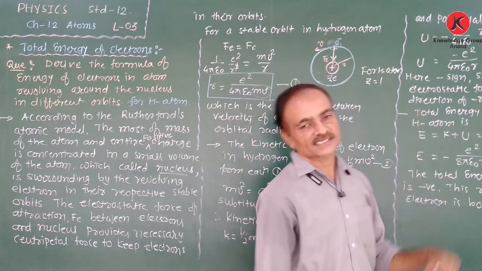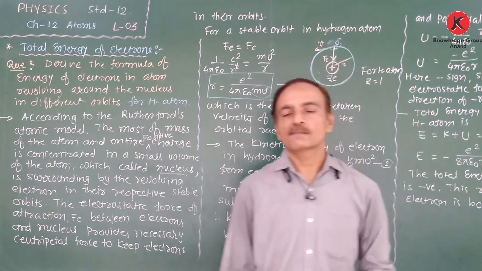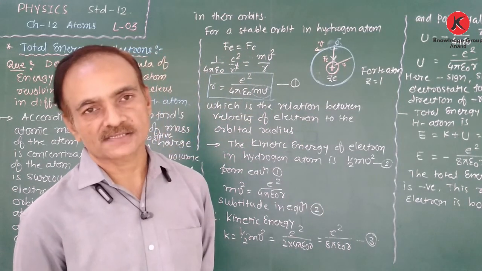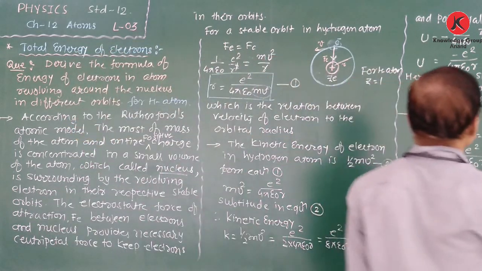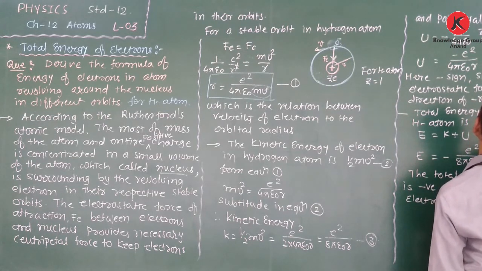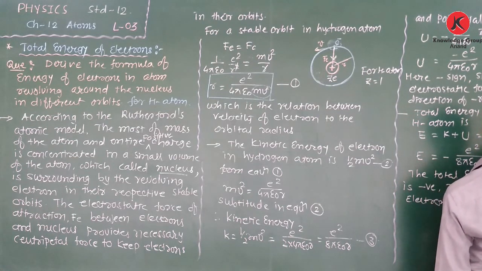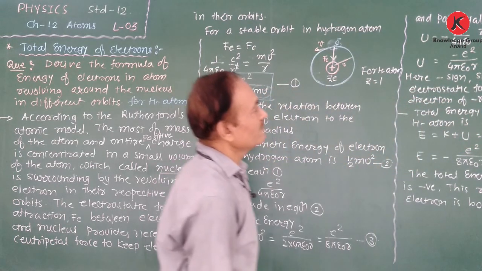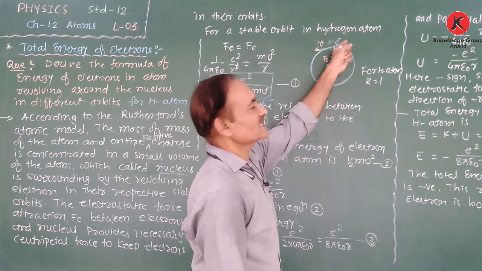And potential energy. Now listen, potential energy is the negative of Coulomb force into distance, minus Fe into r. What is the Coulomb force between the nucleus and electron?